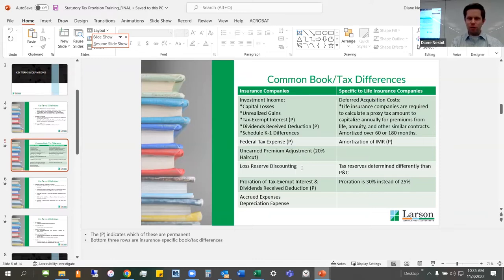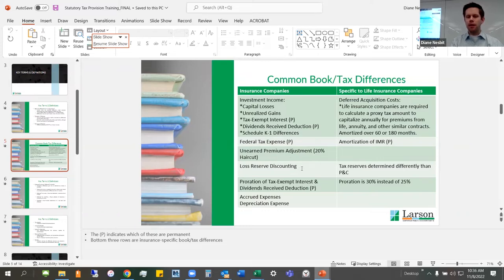And then two main ones that many people might be familiar with is your adjustment for unearned premiums. For tax purposes, you take a 20% haircut, and you take the 20% adjustment on the change year over year.